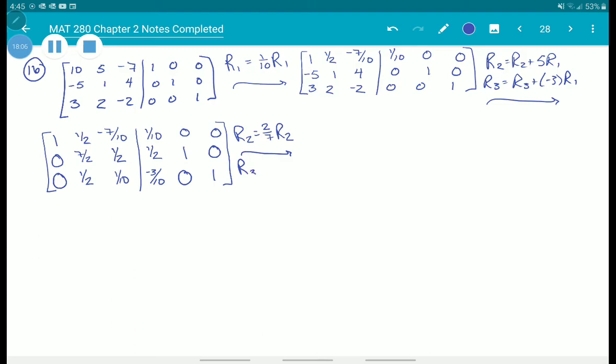I don't have to, but I'm going to see if that makes it a little bit easier. It may make it easier, it may make it worse. We'll see. So if we multiply row 2 by 2 over 7, and I'm multiplying by 10 here.